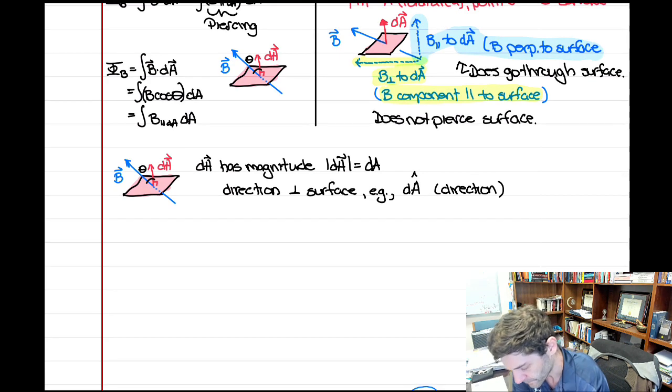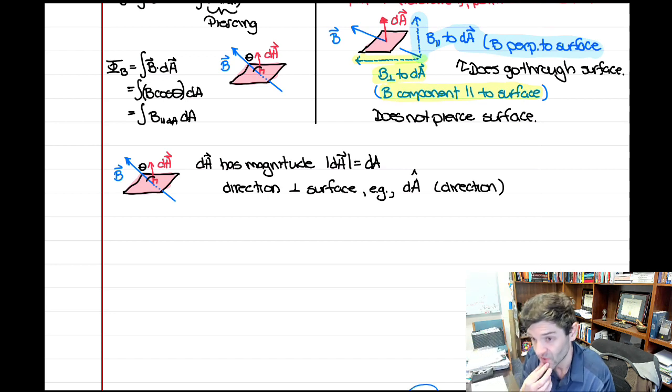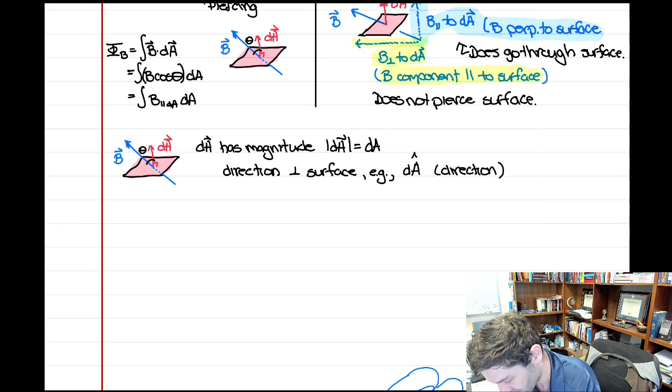So, in this case, it simplifies nicely when the magnetic field itself is uniform across the surface.